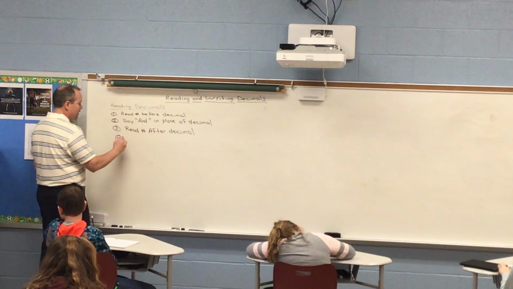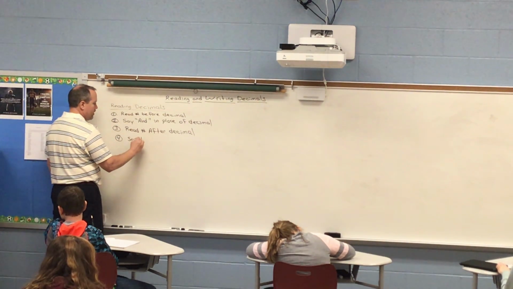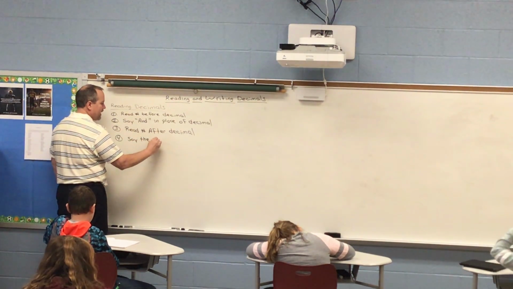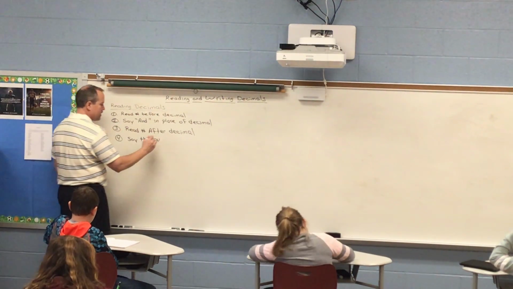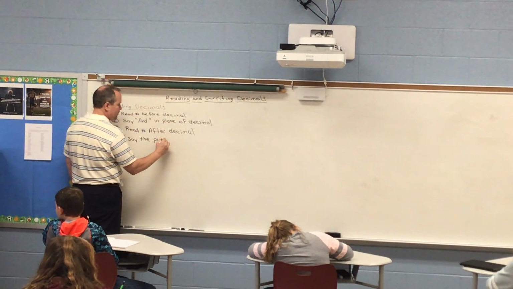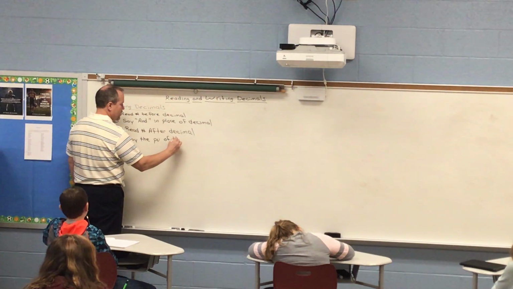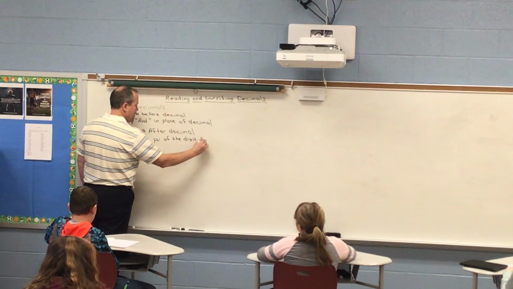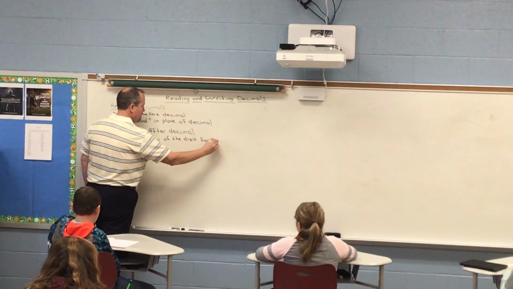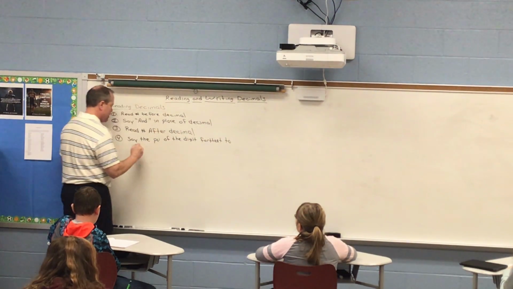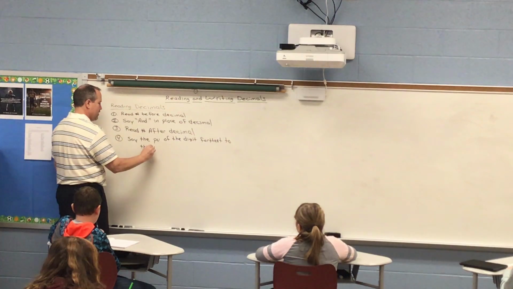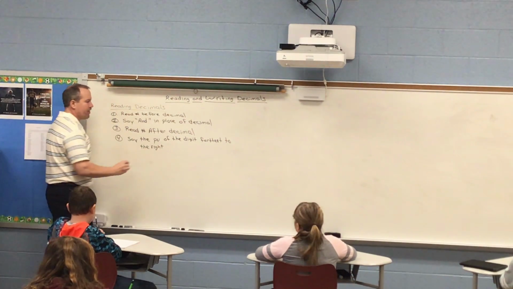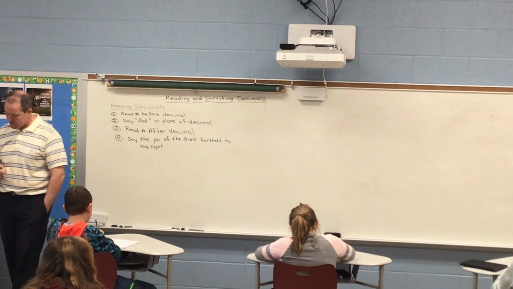And then the last thing is you're going to say the place value. I abbreviate place value with PV. You're going to say the place value of the digit that is farthest to the right.